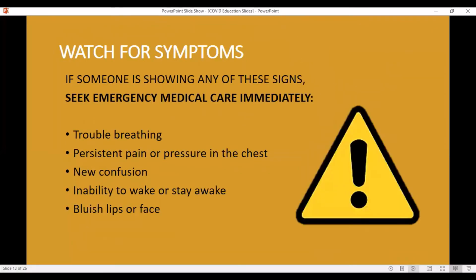If someone is showing any of these signs: trouble breathing, persistent pain or pressure in the chest, new confusion, inability to wake or stay awake, bluish lips or face, seek emergency medical care immediately.